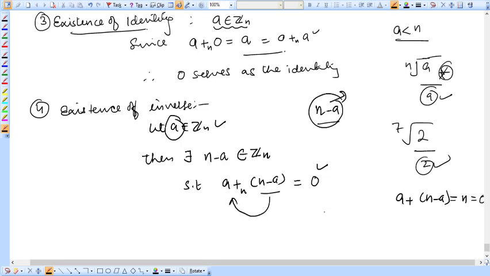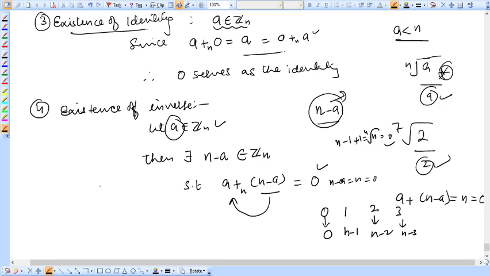For example, n minus 0 is equal to n. When n is divided by n, it is equal to 0, so 0 is the inverse of 0. Or what would be the inverse of 1? n minus 1, right? n minus 1 plus 1 is equal to n, and when n is divided by n, we get 0 as the remainder. Similarly, the inverse of 2 is n minus 2, and the inverse of 3 is n minus 3.